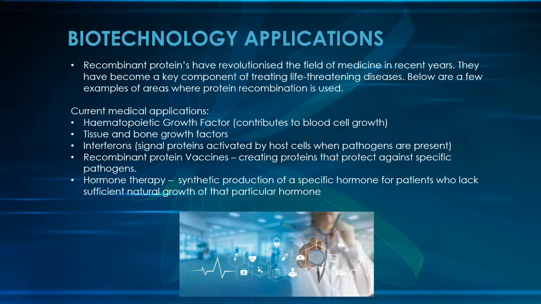And hormone therapy, the synthetic production of a specific hormone for people who lack sufficient natural production of that particular hormone. In our case, it would be insulin. This is especially important for type 1 diabetics, where they can get insulin provided to them to help them maintain their hormonal balance.